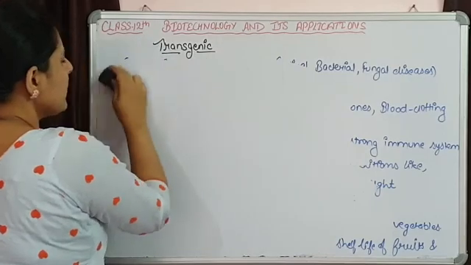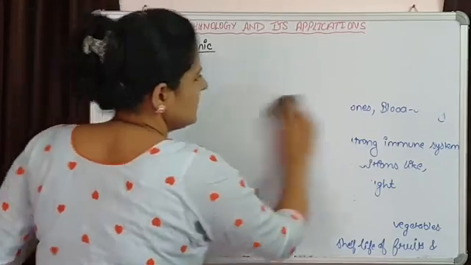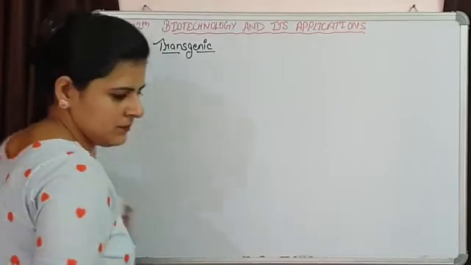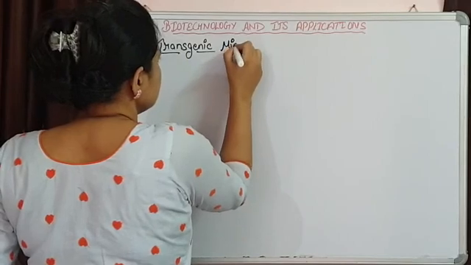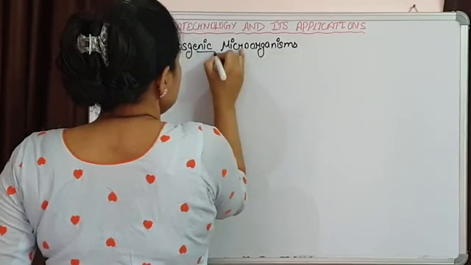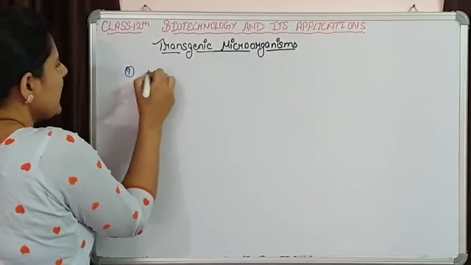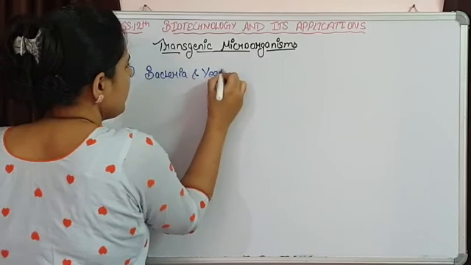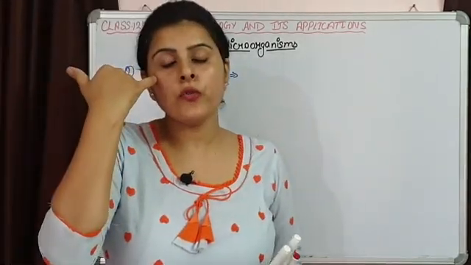So the third type of organisms are transgenic microorganisms. The most common transgenic microorganisms that are being used are bacterial cells and yeast cells. They are being genetically modified to produce lots of human proteins.